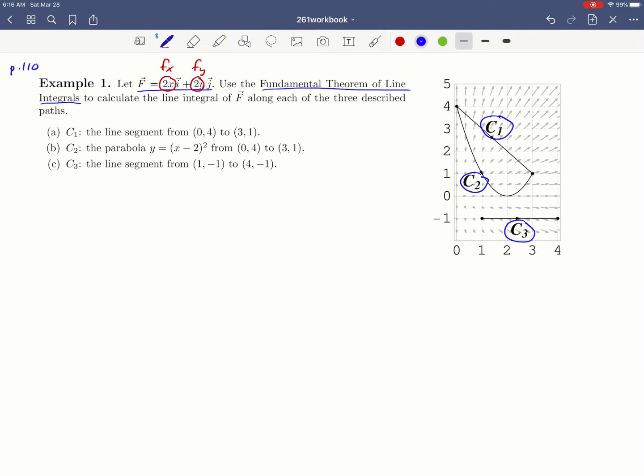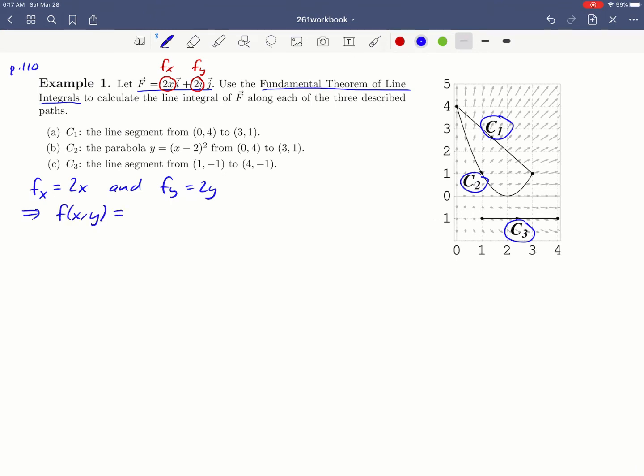So we're going to start with that observation. We know that if there's a potential function, little f, its derivative with respect to x has to equal 2x, and its derivative with respect to y has to equal 2y. The question is, if those are the partial derivatives of the function little f, what is the function?